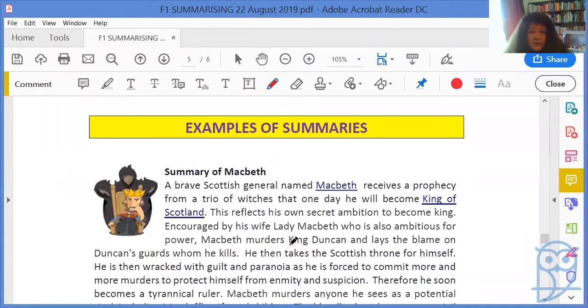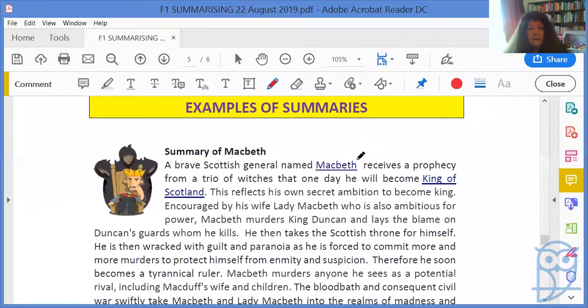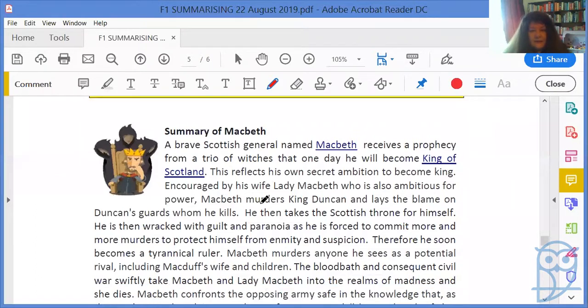Now, one of the most difficult books people think is anything by Shakespeare. So let's look at a quick summary of Macbeth, which is the book most people are using. A brave Scottish general named Macbeth receives a prophecy from a trio of witches that one day he will become king of Scotland. This reflects his own secret ambition to become king.